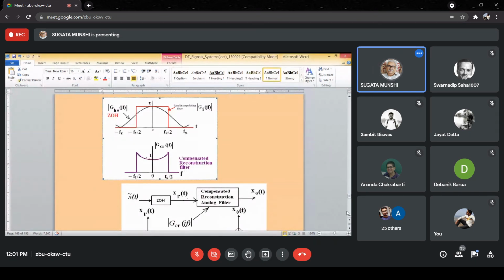Necessity of that ordinary analog filter is no longer required if it is possible to place such a filter. Otherwise, simply a low pass filter in many applications will do. But because that type of a characteristic G_CR(jF) in analog circuitry will be very, very difficult, if not impossible, to attain, what is done is that prior to the DAC, some extra algorithm is placed, which will represent that type of a filter.